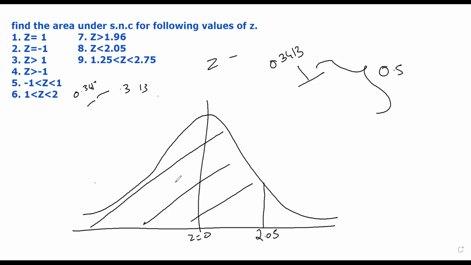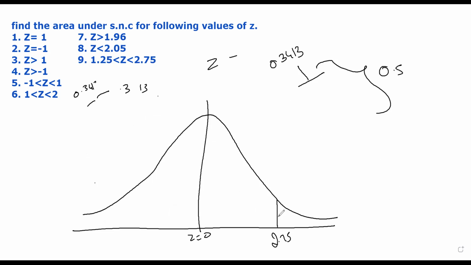This example is purposely taken so that you can find the area for any given Z value. Suppose this is 2.75 and this is 1.25, and you want the area between them. Since X or Z in the normal distribution is a continuous variable, it will not make a significant difference if we say is equal to or not equal to. In binomial questions that difference mattered, but since this is continuous, you can say less than or less than or equal to, and the area will be the same. There's no difference.